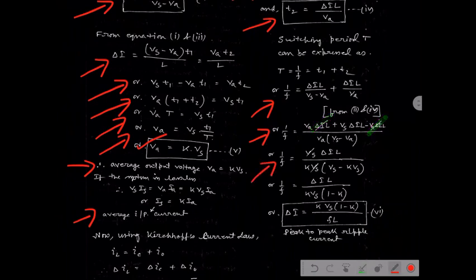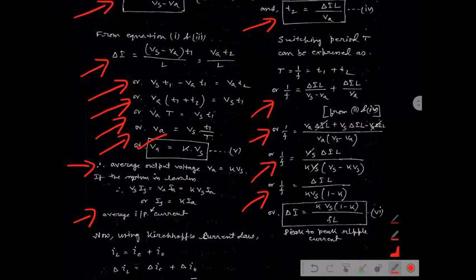Then ultimately we get Vs del I L divided by (K Vs Vs minus K Vs). Then with further simplification, the result 1 by f equal to this one, in which we have taken the common part here, and we are replacing Va equal to K Vs. So both are cancelled by each other.